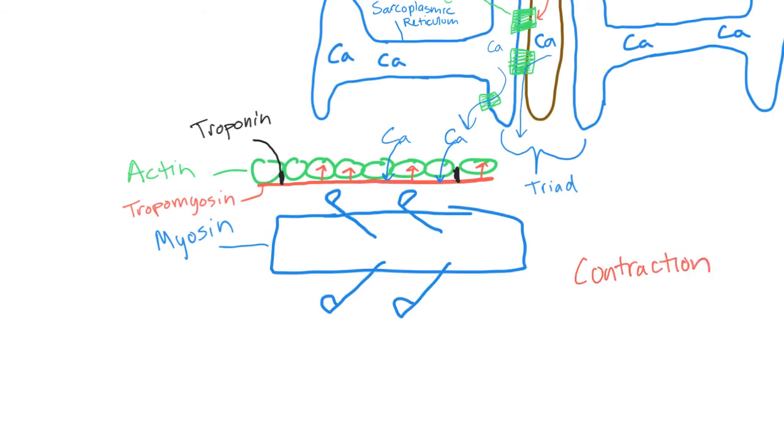So the calcium helps it shift? Calcium makes it shift, yes. Like takes the tropomyosin off of the actin. Yeah, it reveals or exposes the binding sites for the myosin to bind into.